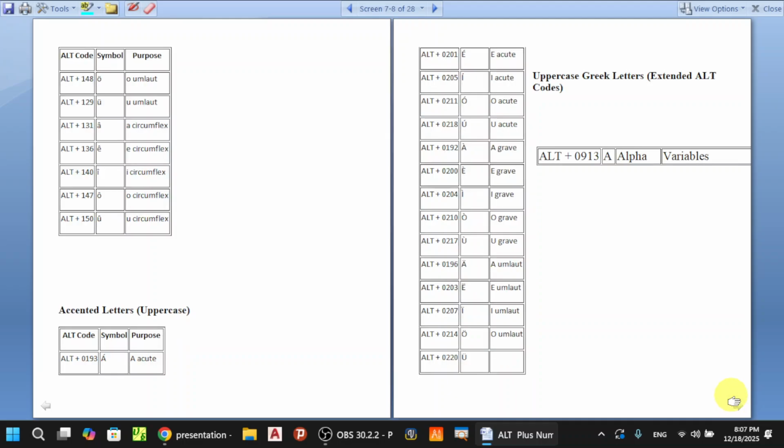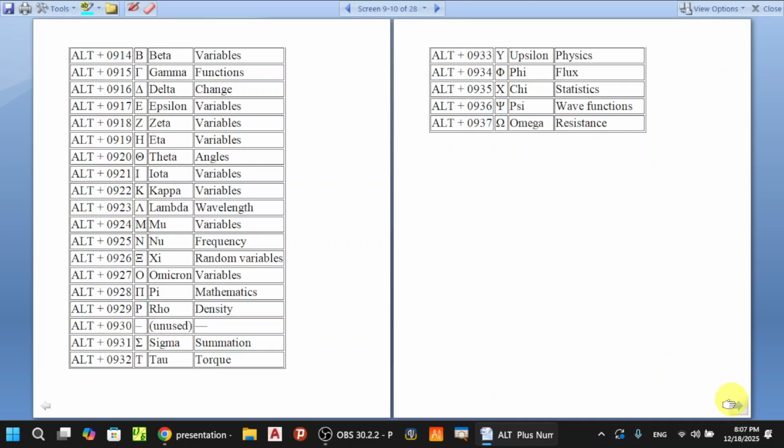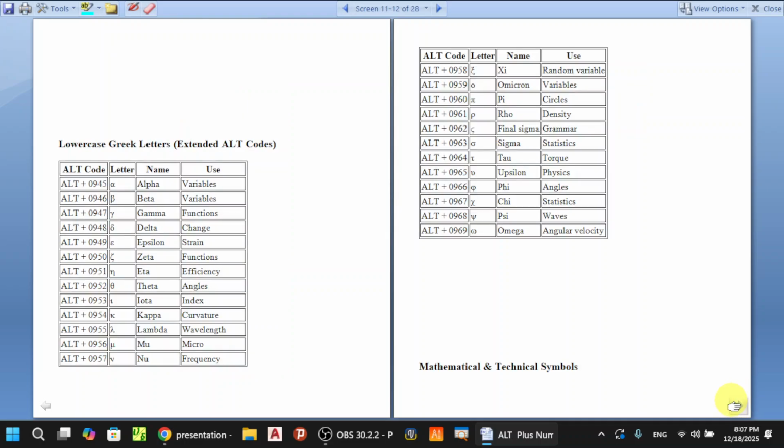This one also, right here. Greek letters, some kind of distortion here. The uppercase Greek letters are like this, the beta, and the lowercase Greek letters are written like this.